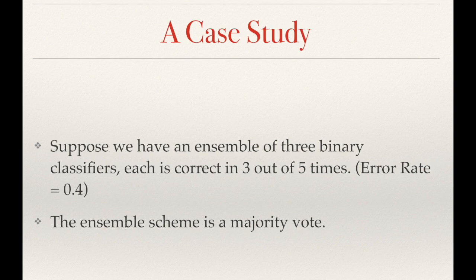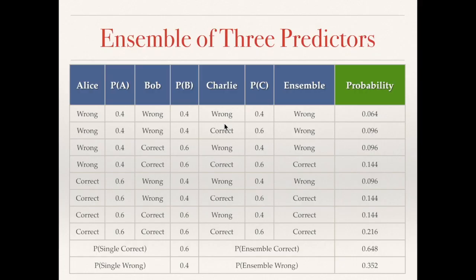And let us have a look at how this committee will perform compared to individual predictions. This table lists all the possibilities of predictions by Alice, Bob, and Charlie. See, for example, the probability of Alice making a wrong prediction is 0.4, and for Bob to make a wrong prediction is 0.4, and for Charlie to make a wrong prediction is also 0.4.